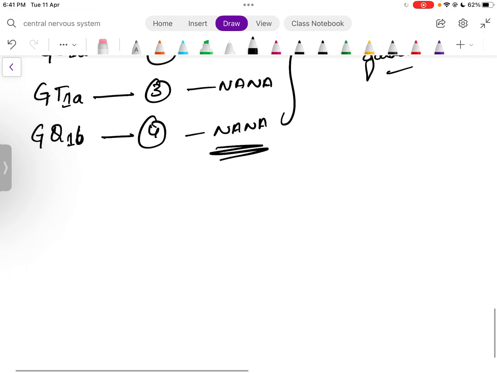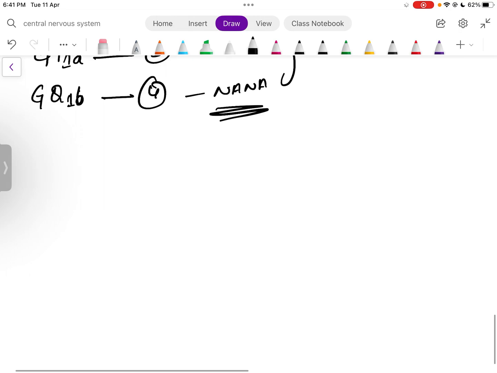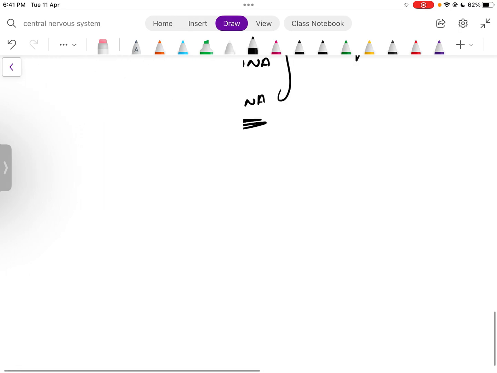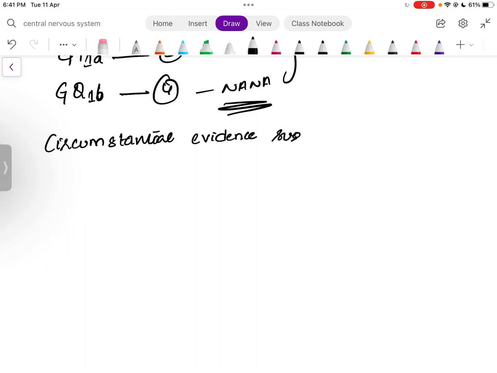Then what is the importance of these gangliosides in Guillain-Barré syndrome? There is only circumstantial evidence; there is no particular evidence of what exactly happens in GBS. The circumstantial evidence suggests that whenever there is an entry of an infectious agent, there will be an immune response.